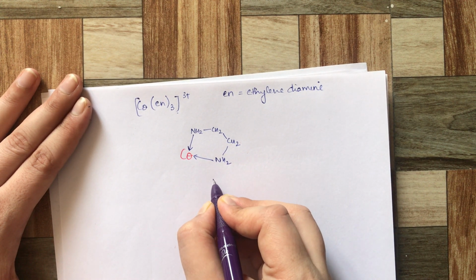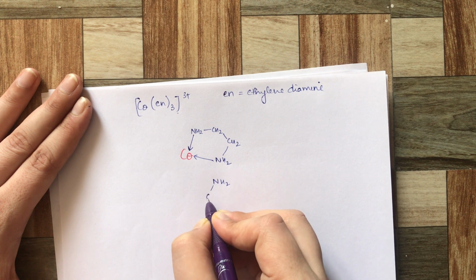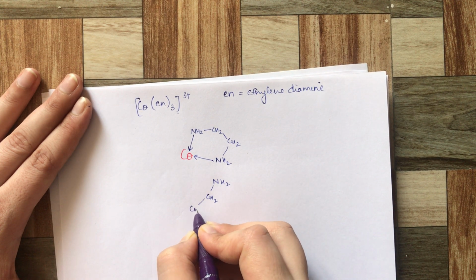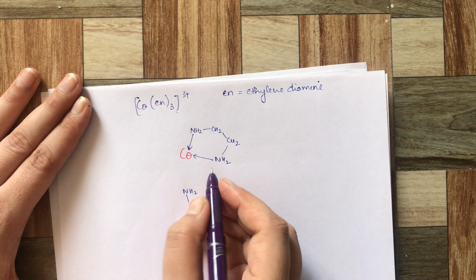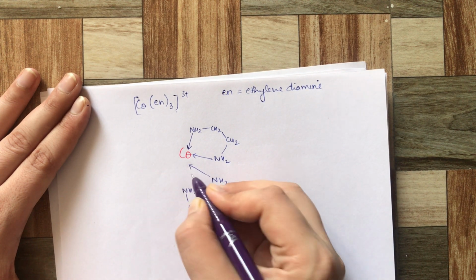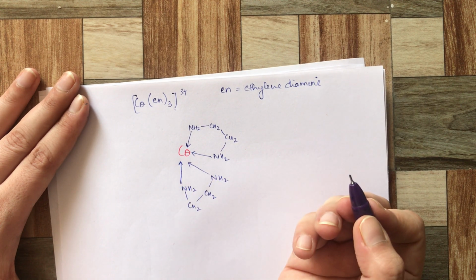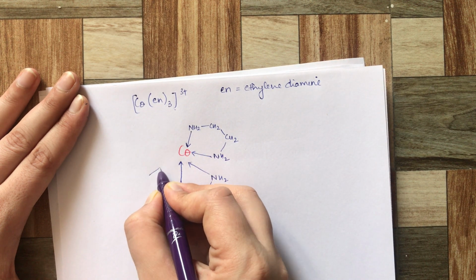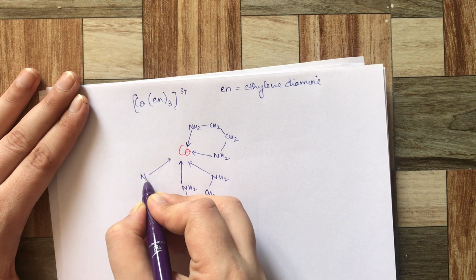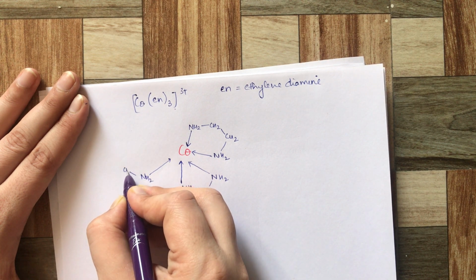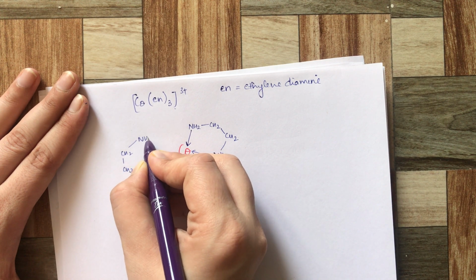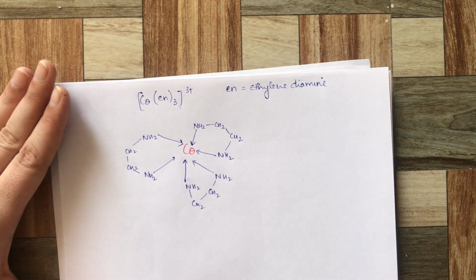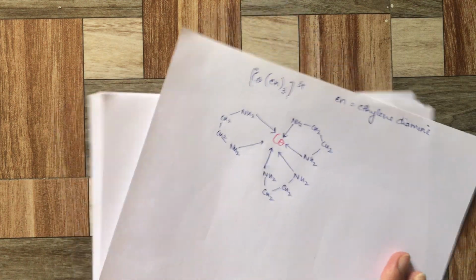Next we have, how is it forming? This N and this N will form a coordinate bond. This is how they are forming a coordinate bond.